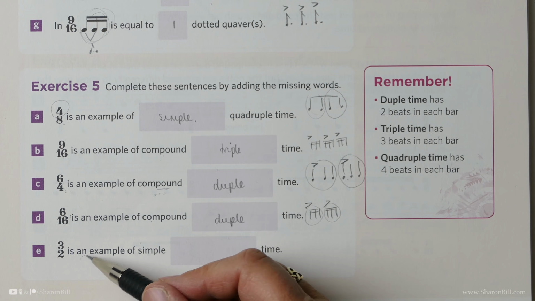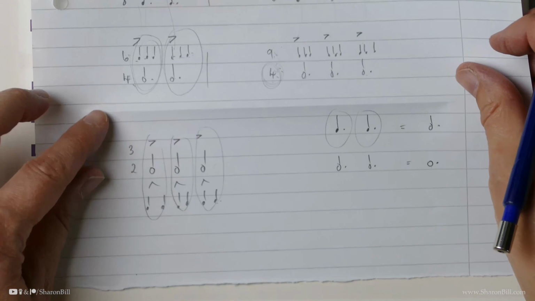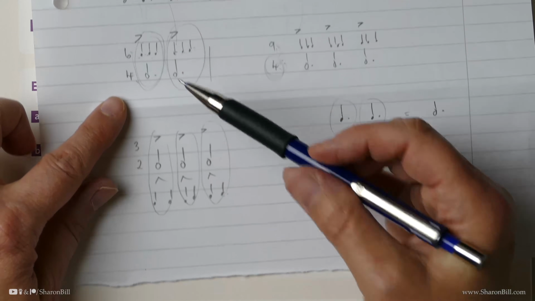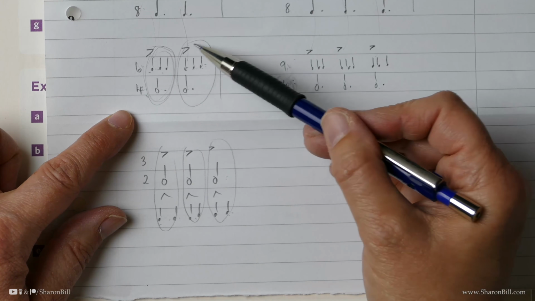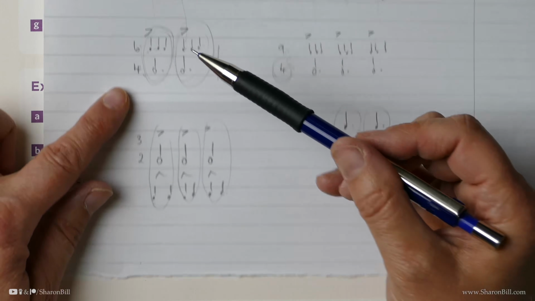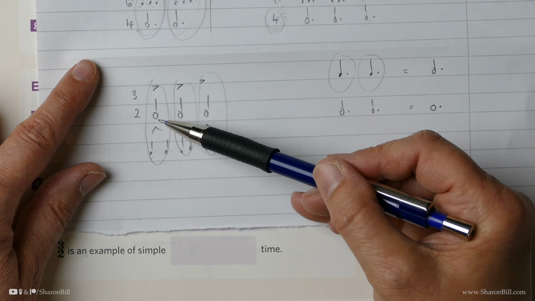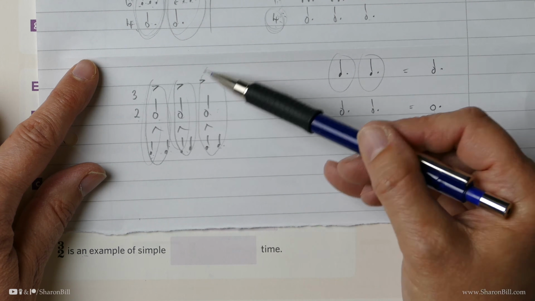Now this is the one we need to be careful of, and we did have a little look at this a couple of lessons ago, because although mathematically 6/4 is the same number of crotchets as 3/2, 6/4 is compound time, it's 2 groups of 3, whereas 3/2 is simple time and it's 3 minim beats, 1, 2, 3.